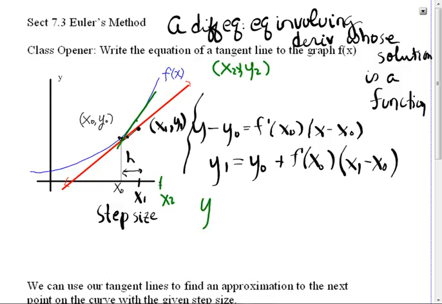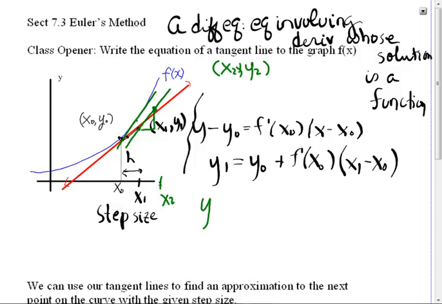And I'm going to take the point on the tangent line and write a new tangent line so it's parallel to that one. I'm going to go over a little distance, and go up a little bit. And I'm still not going to be on the function. But as long as my step size is little, I'm still pretty darn close to what the actual curve might look like. I'm not finding the actual curve. I'm just looking at an estimate.